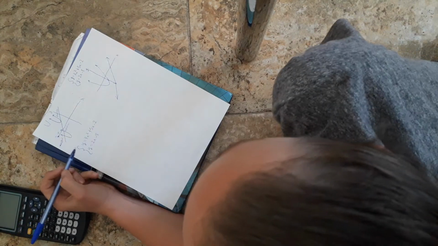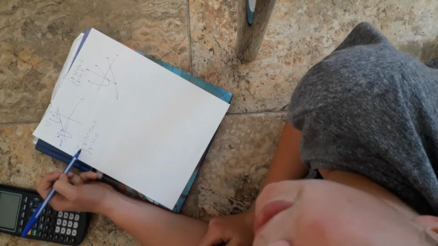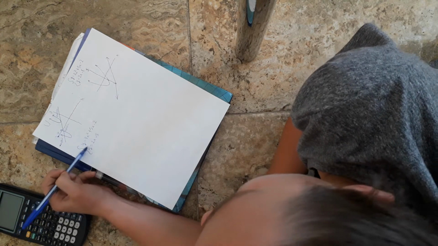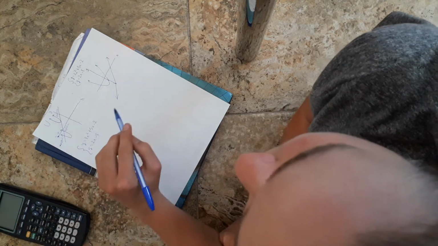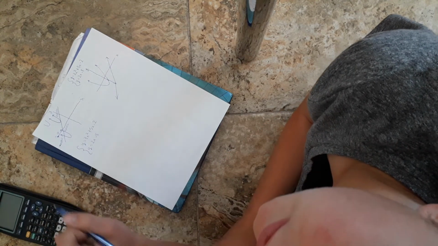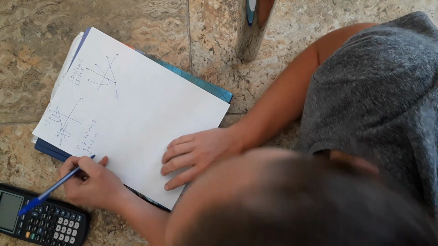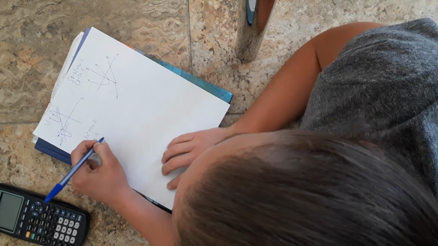Well, this one's pretty simple because we have both of these equations set up in y equals to begin with, and if y equals this, y equals that, that means those two things have to equal each other. That's the transitive property: if a equals b, b equals c, then a equals c. So I'm just going to set those two equations equal to each other.